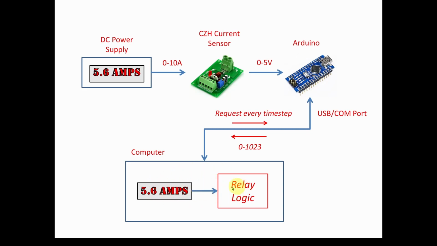We're going to take that current, put it in the relay logic, and in real time check the current and see if it's too high. If it is, it will go through the relay logic and ultimately trip the relay. We'll also use that to record the data so you can go back later, after the relay has operated, and see what actually happened, and we'll have a chart of the fault.